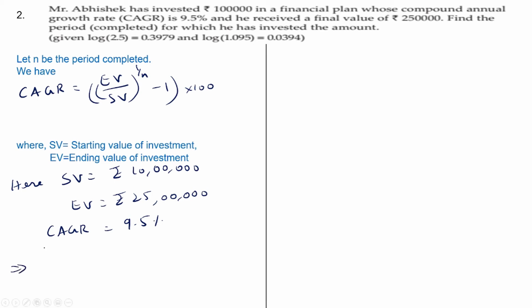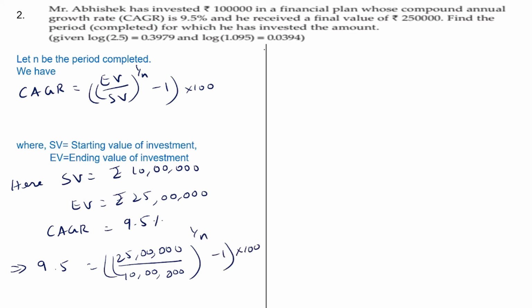So this implies 9.5 is equal to 25 lakhs upon 10 lakhs, the whole raised to 1 by n, minus 1, into 100.